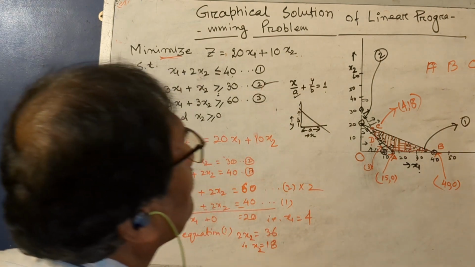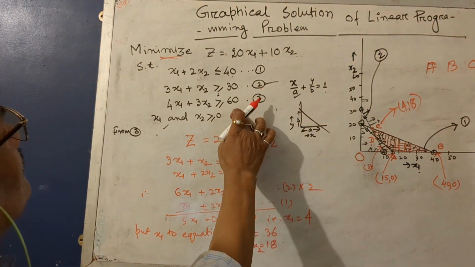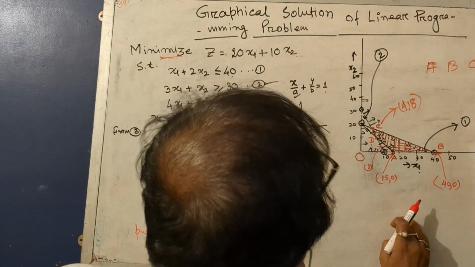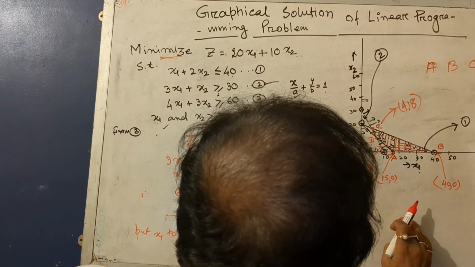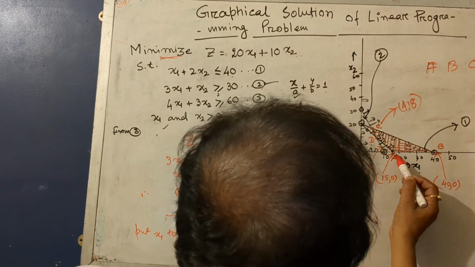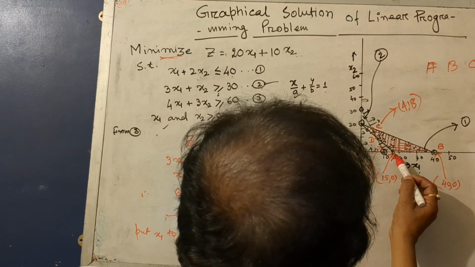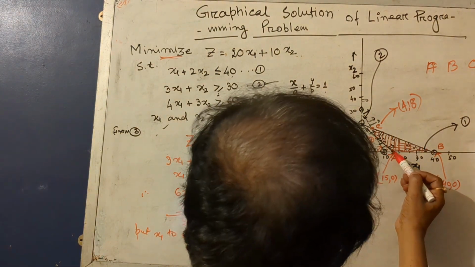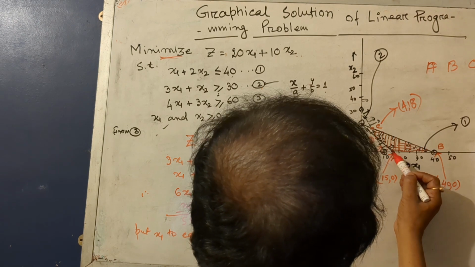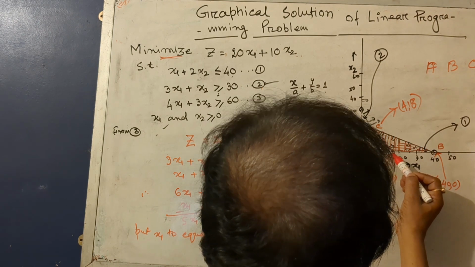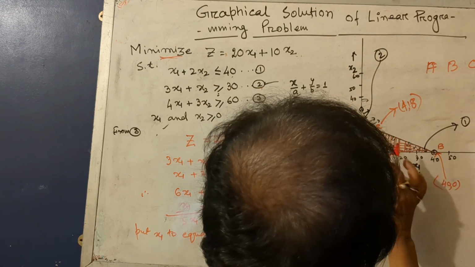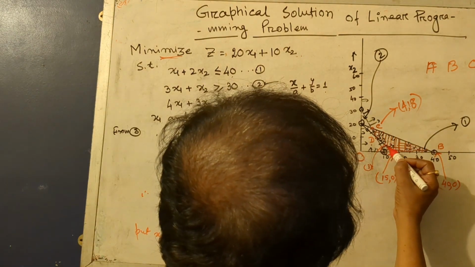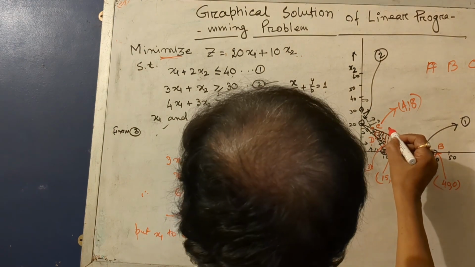This is 2 and this is 3. You have to solve 3 and 1. Then we will get the coordinate C from 3 and 1.